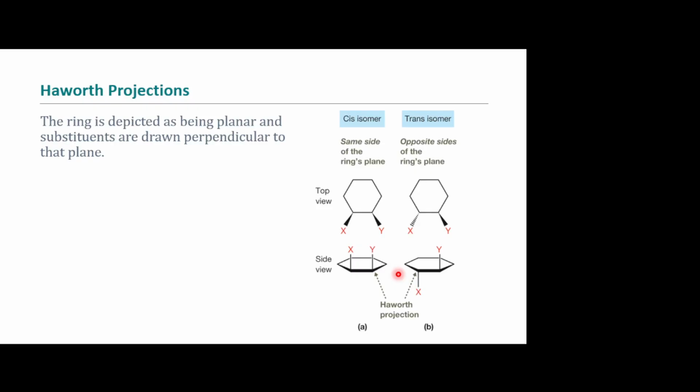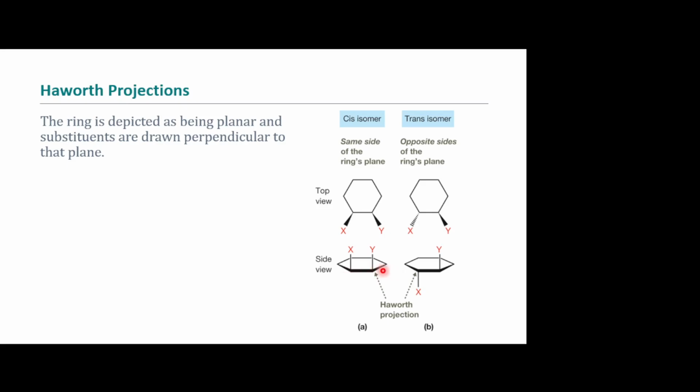The cis-trans relationship. Okay, these are Haworth projections. You've already seen a few of these. It's where we basically draw the ring so it looks like it's jutting out towards you, so it's a flat ring from your perspective going away from you. That lets us represent the stuff that's on top of the ring and the bottom of the ring very easily.